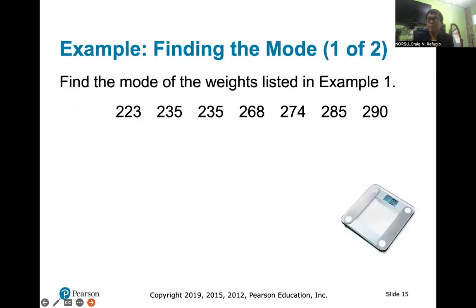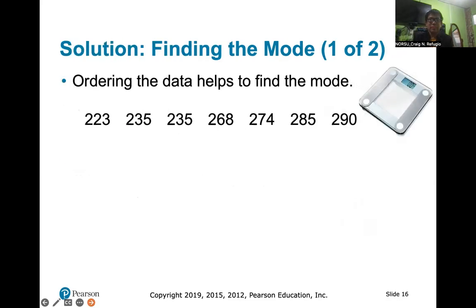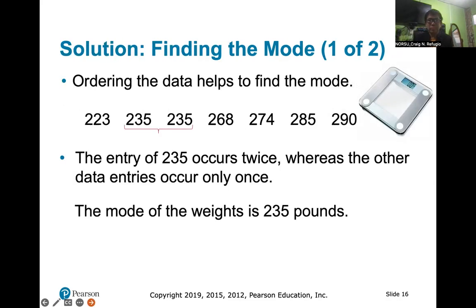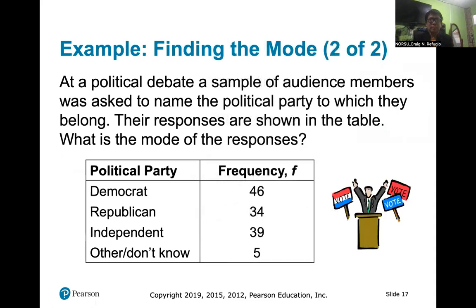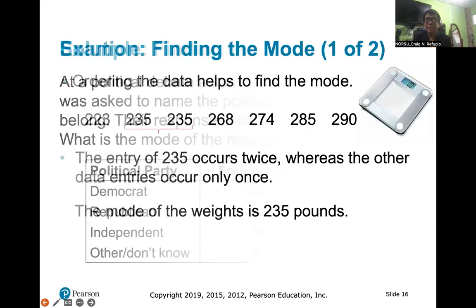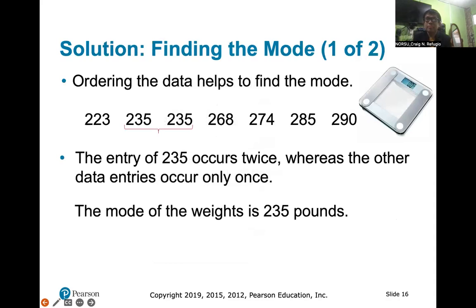So here's an example. Find the mode of the weights listed in example number 1: 223, 235, 235, 268, 274, 285, then 290. So if you notice 235, we go back. 235 is appearing twice, and that's the only number that is appearing twice.